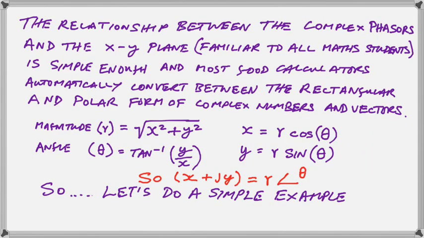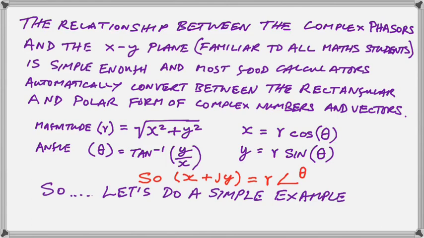Finally, the relationship between the complex phasors and the XY plane, which is familiar to all mathematical students, is fairly simple. Most good calculators will automatically convert your numbers between polar form or rectangular form. And as you would know, these conversions and calculations are used with both complex numbers and vectors in physics.